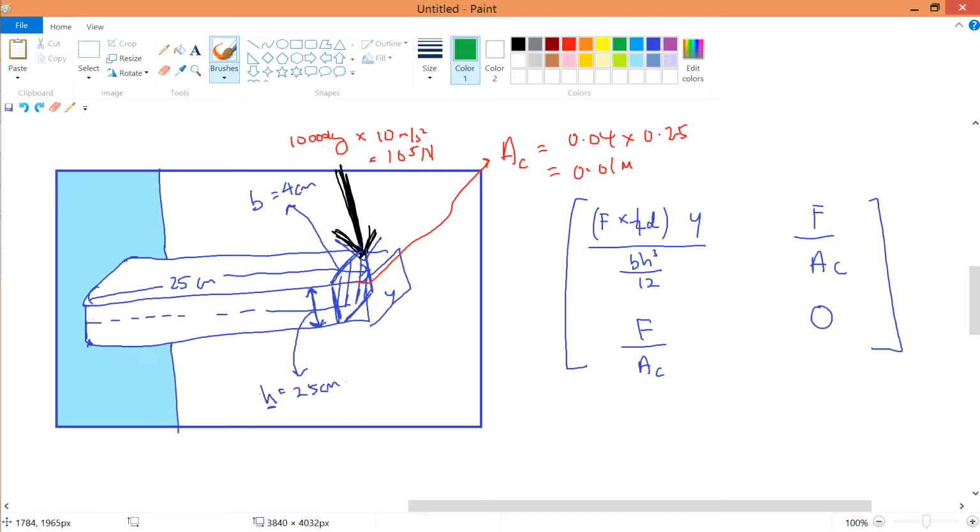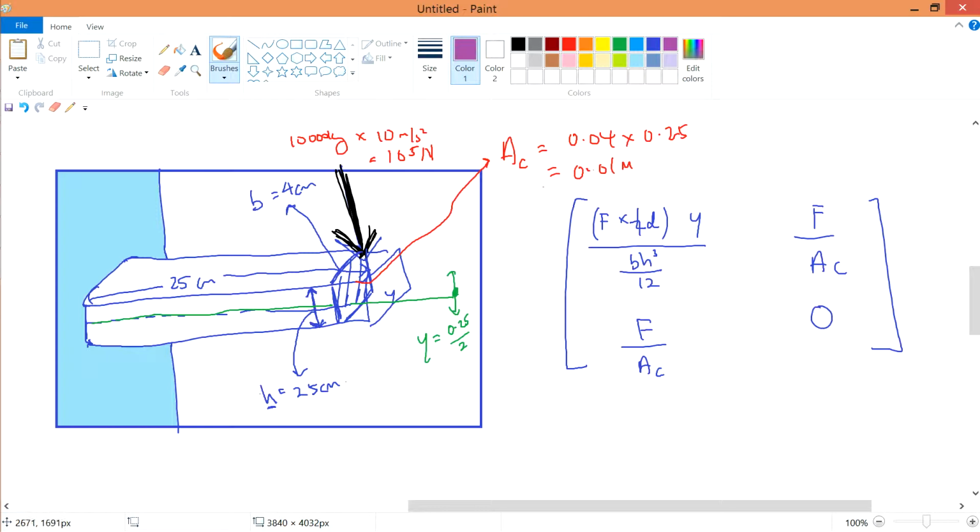We also have our neutral axis, if you still remember. This neutral axis is along this side. And we know that h is 25, and therefore this neutral axis is at the middle point. So y equals 25 divided by 2, or in other words 0.25 meter divided by 2.